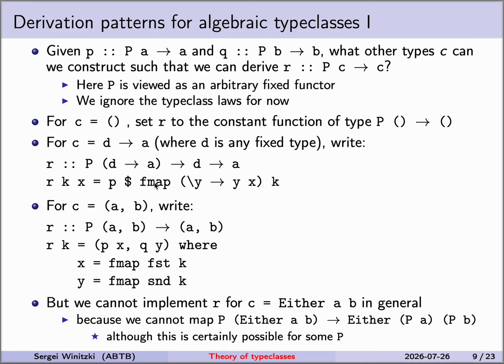So this is kind of trial and error. You write down some type and you try to implement and see if that works. So for instance, the type function A to D would not work.